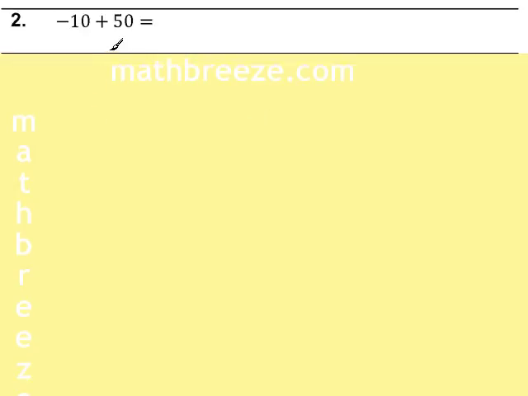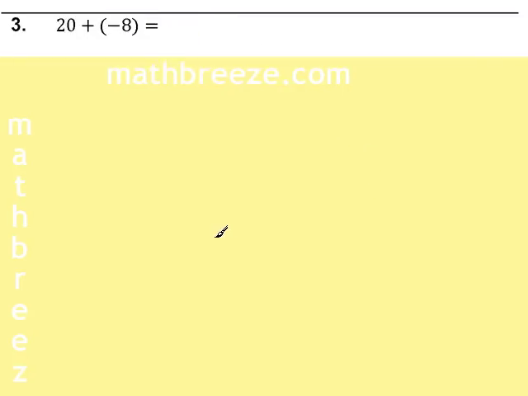In number 2, again a positive and a negative, ignoring signs, just subtract. 50 subtract 10 is 40, and the positive is bigger, so that's a positive 40. In number 3, we have positive and negative, so ignoring signs, 20 subtract 8 is 12. 20 is bigger, so that's a positive 12.